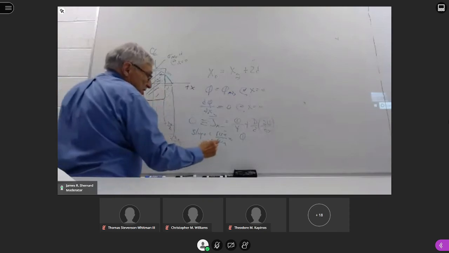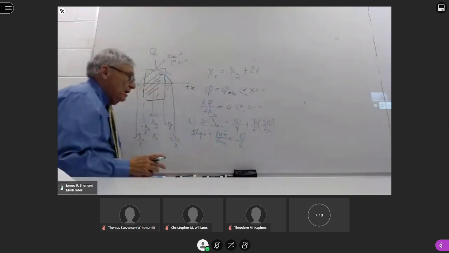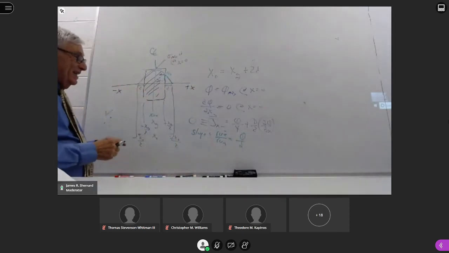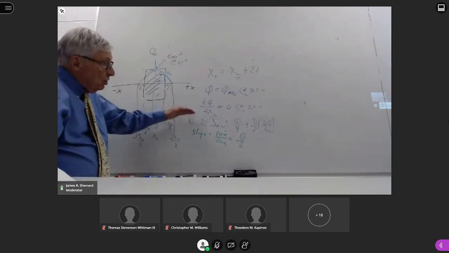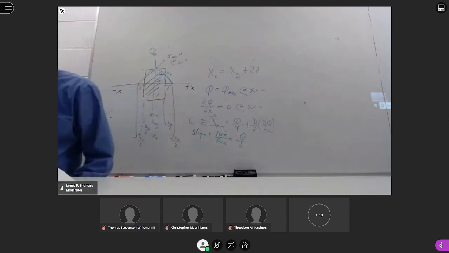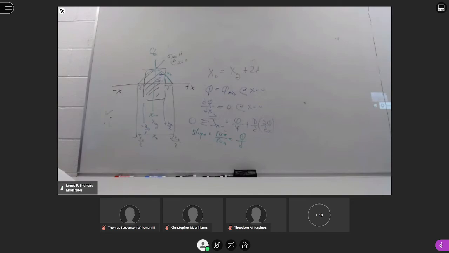The run is little d. And when you utilize this in this equation, and you might, if you've been following this, this would be in your textbook on page 262.